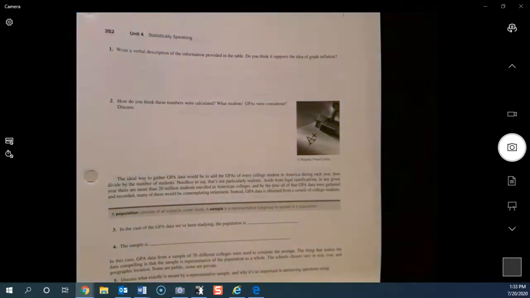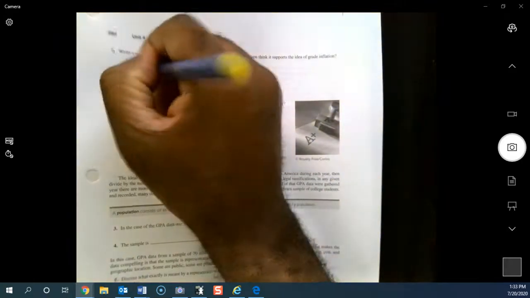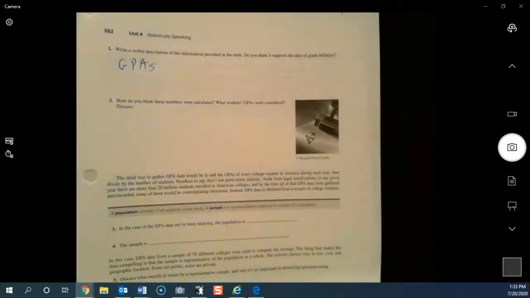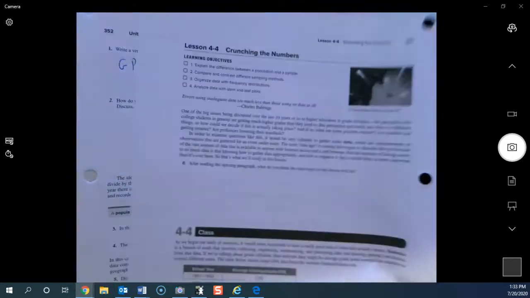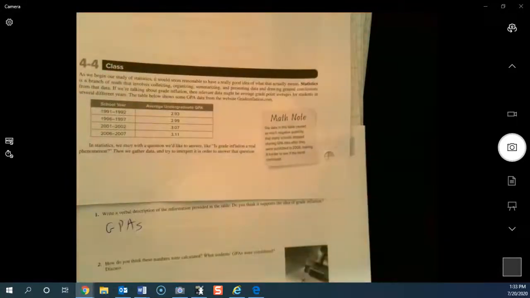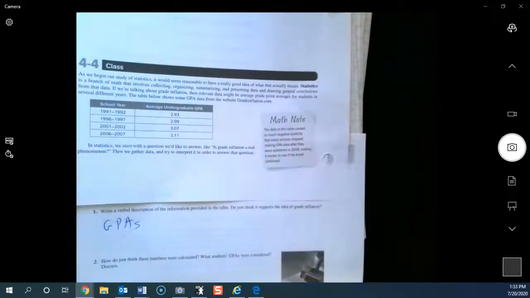Now, we know that GPAs, just to show this really quick here, might be kind of hard to have both here. Well, I could do this. I could slide it down. If you look here, you notice GPAs have been increasing.